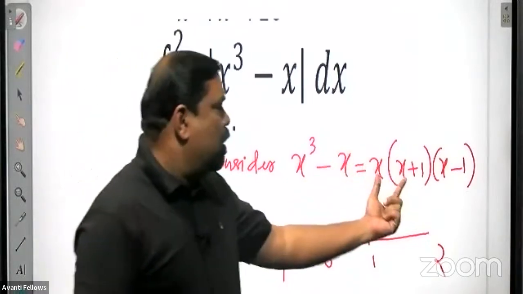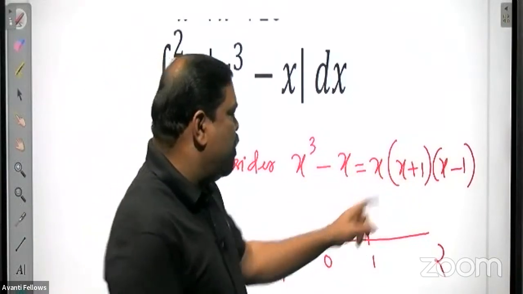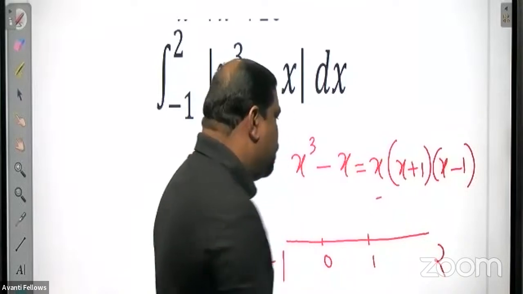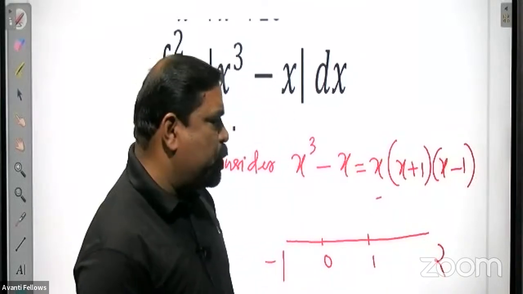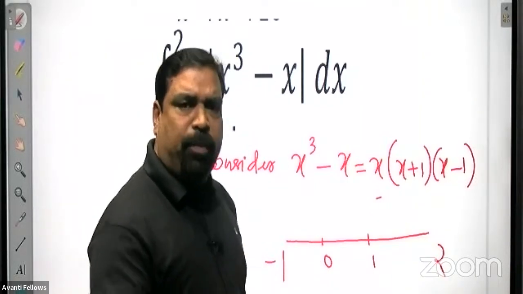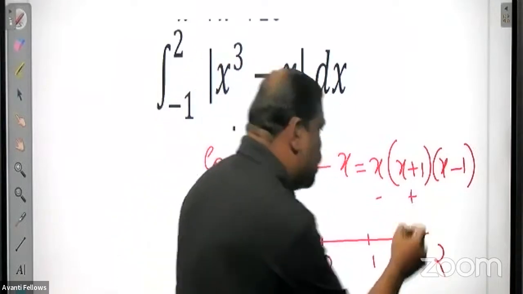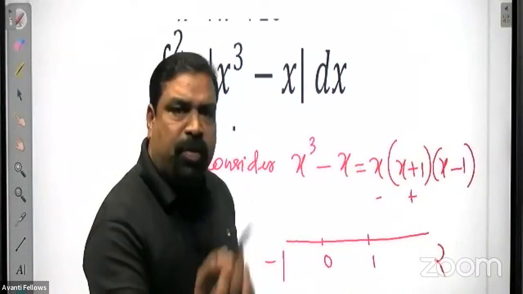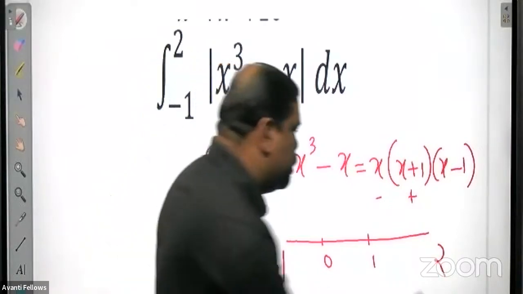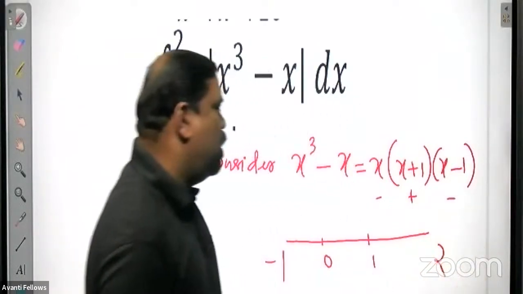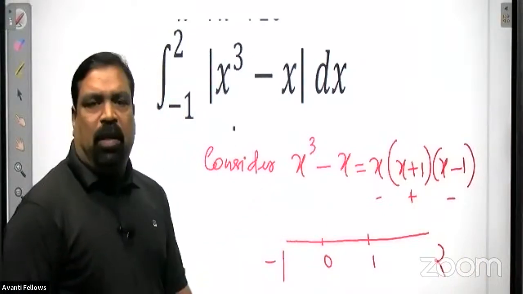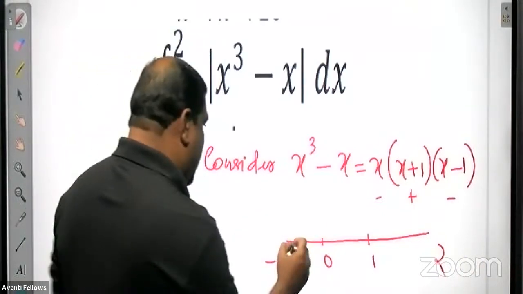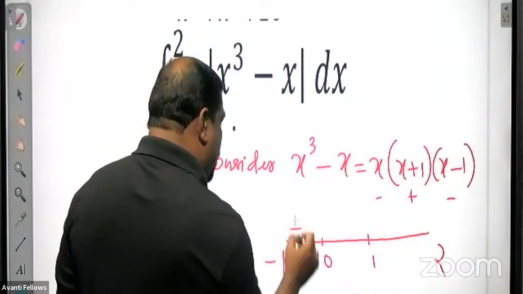Putting it here, x is minus 0.5, so this is negative. x plus 1, minus 0.5 plus 1, that is positive. x minus 1, minus 0.5 minus 1, that is negative. So negative into positive into negative, that is the nature in this interval. That means it will be positive.